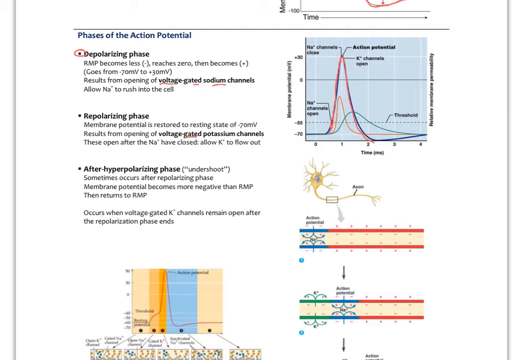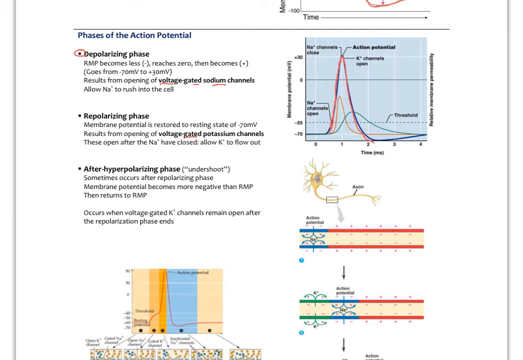So it's complicated. This is happening again at each little segment of the membrane. But let's just start at the axon hillock. Think of the sodium channels opening once they reach threshold. Sodium ions rush into the cell, that depolarizes it to 0 and even more positive than 0. And then the potassium channels open, and now potassium is able to rush out of the cell, and that brings the membrane potential back down towards the resting potential.